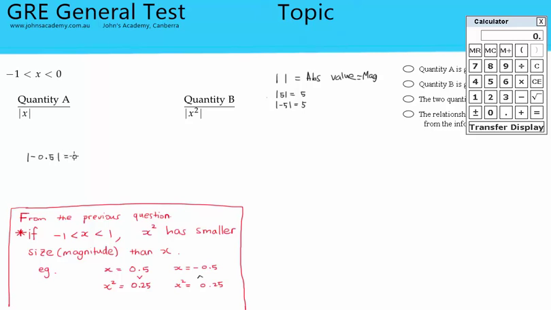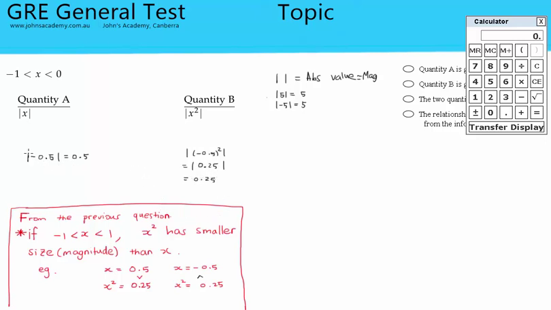That's equal to positive 0.5. On the other hand, this one is the absolute value of (-0.5) squared, which is positive anyway, so we don't actually need the absolute value sign. This is equal to 0.25.